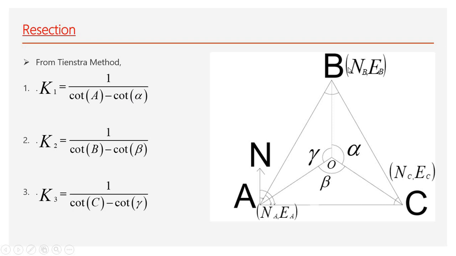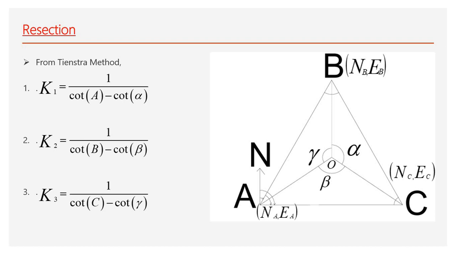Similarly, if I am taking B, then the corresponding angle is beta. In a similar way for K3, 1 divided by cot C minus cot gamma, because corresponding to C the angle is gamma. You have to learn this formula for calculating the coordinate of a point by the Tienstra method.